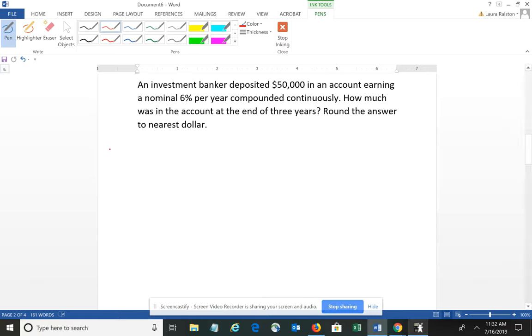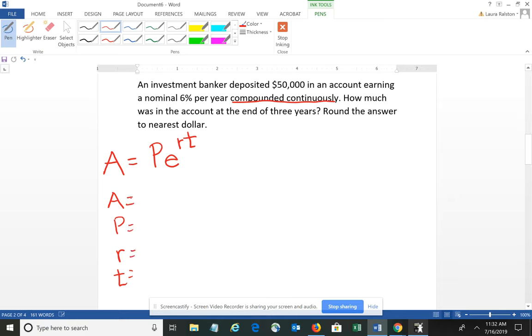So here again, the first thing I'm going to start with is it says it is compounded continuously, which means I need the formula A equals P times e raised to the rt. And again, the next thing I want to do is identify the information that's given to me in the problem.